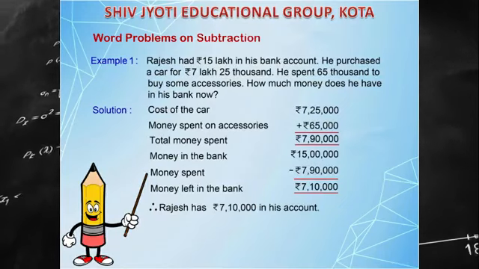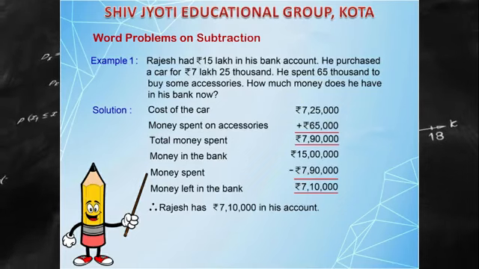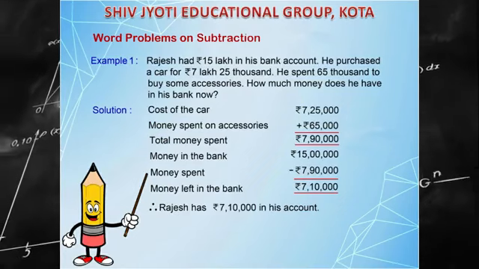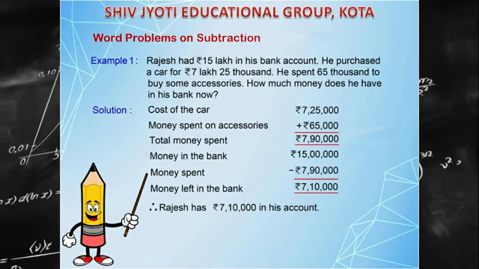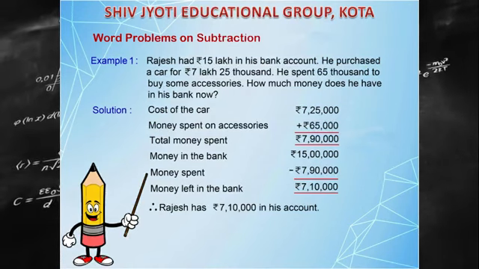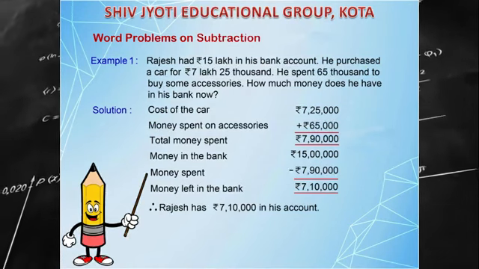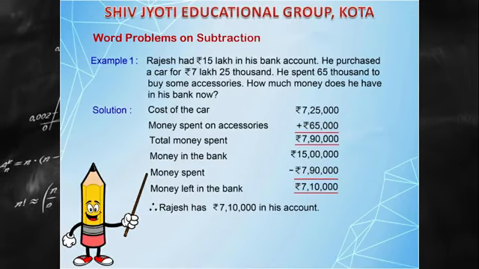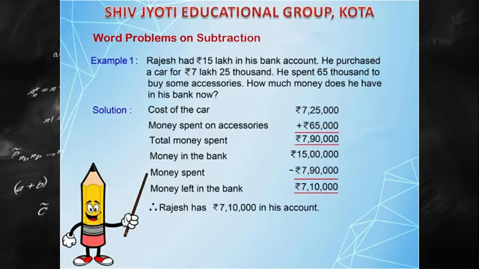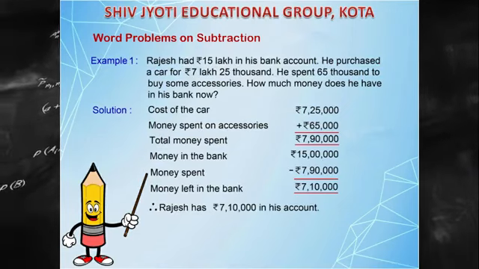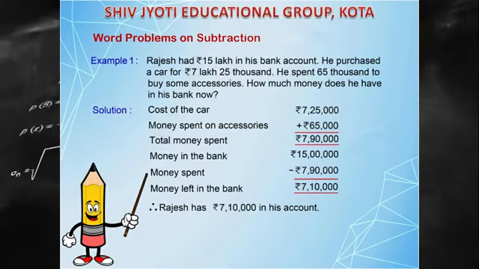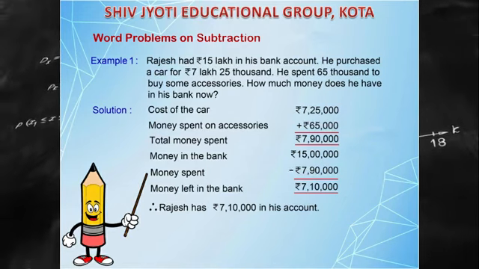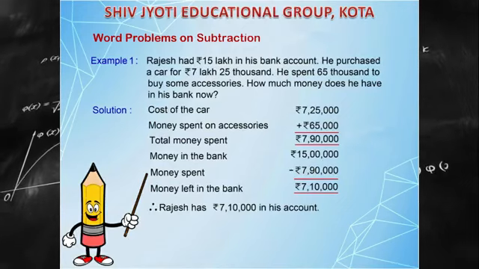Now we will add the total spent money. So it will become rupees 7,25,000 plus rupees 65,000 equals to rupees 7,90,000. Here 15 lakh rupees in Rajesh's bank account. So money in the bank equals to rupees 15 lakh. He spent rupees 7,90,000.